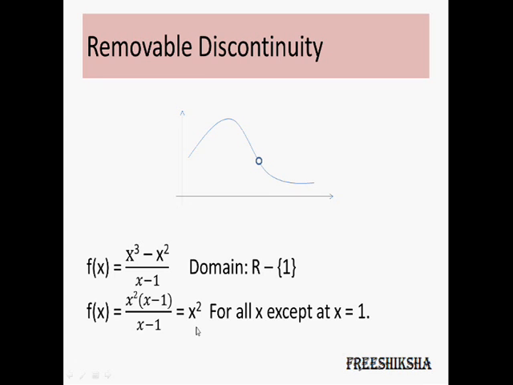So I can say that this function is x square for all the values except at x is equal to 1 where it is not defined.